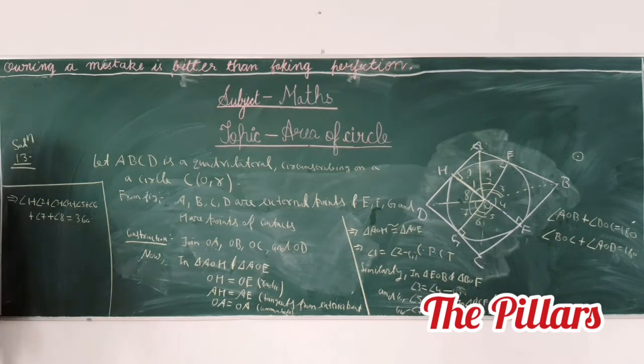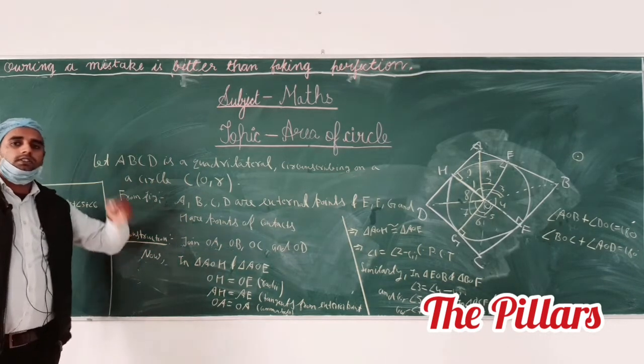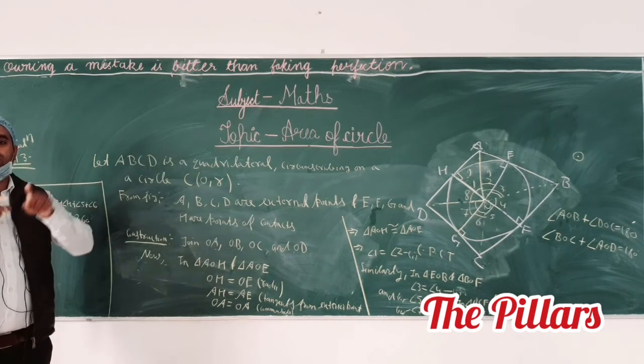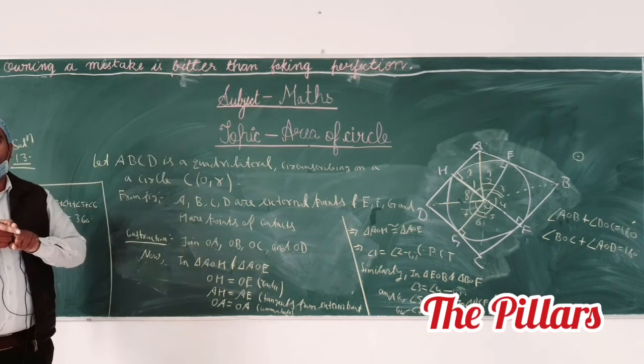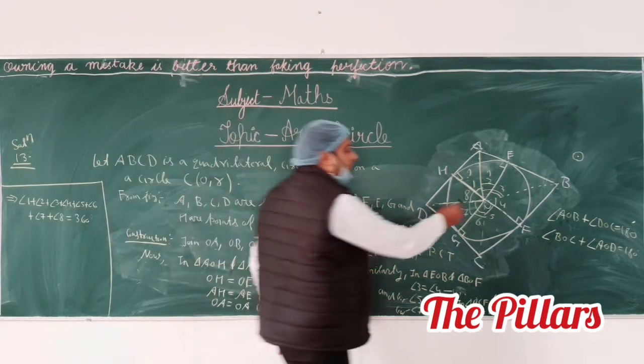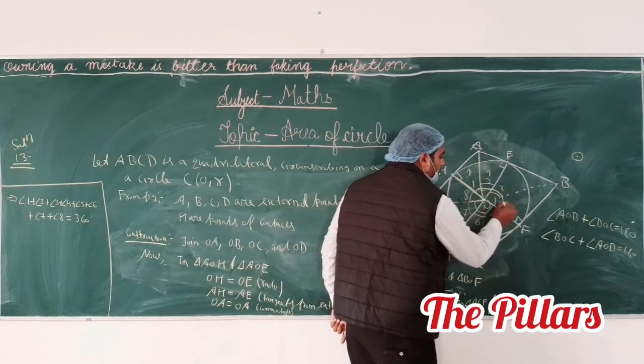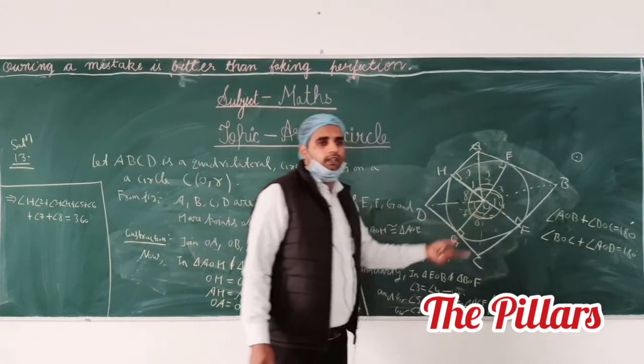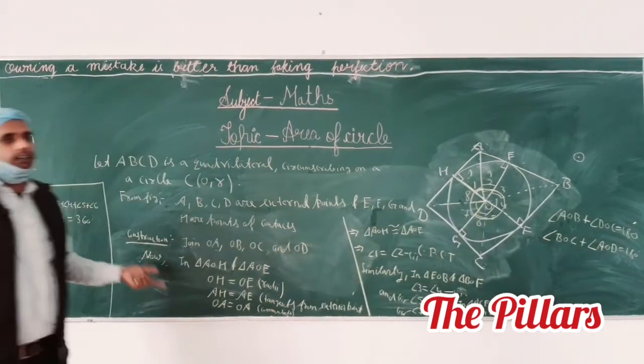Why? All angles around the center of the circle is 360 degrees. This is a whole circle, and a whole circle has 360 degrees. You have to apply this.